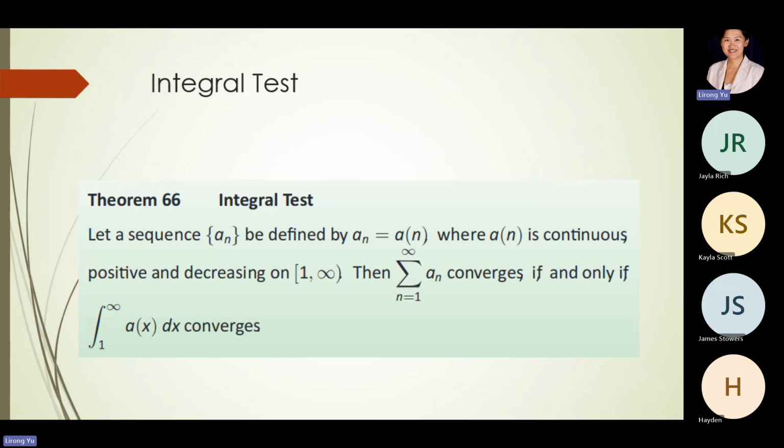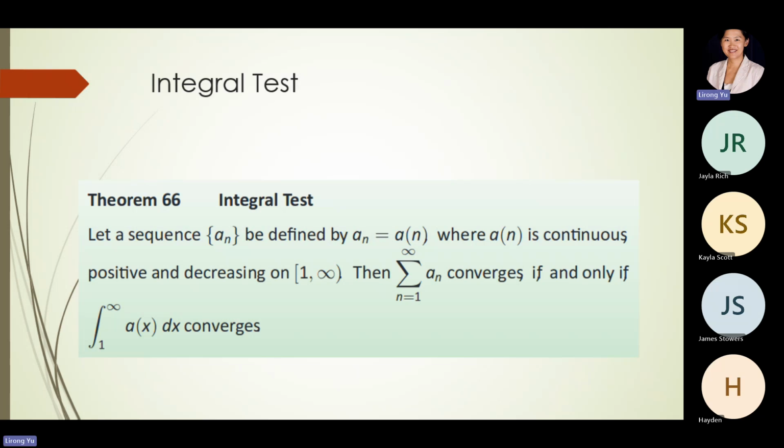So the summation of a_n from n equals 1 to infinity converges if and only if the integral from 1 to infinity of the function f(x) converges. So we're defining it on the interval 1 to infinity. Now we don't care about 0 to 1, but all natural numbers are 1 or bigger.